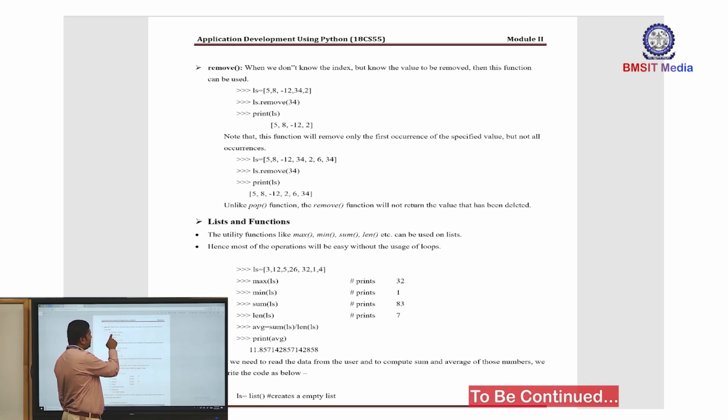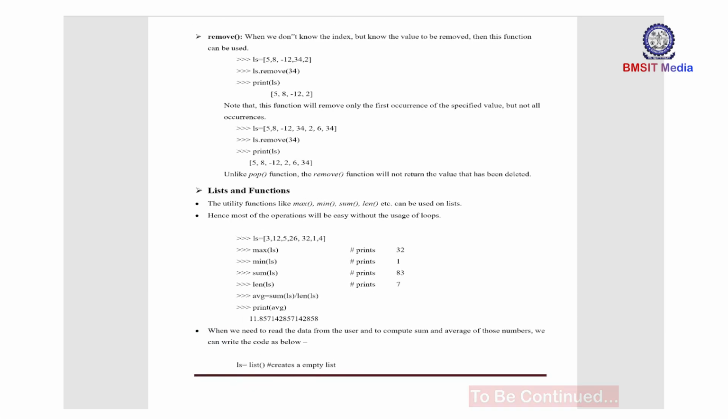So what I will say is ls.remove of 34. 34 is present here. Just observe this list. If I give 34, that element will be removed. Now whenever I print the list, that is ls, I will get 5, 8, minus 12 and 2 as the output. 34 will be the removed value.